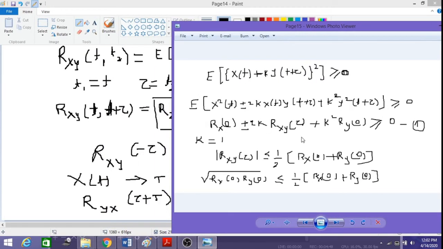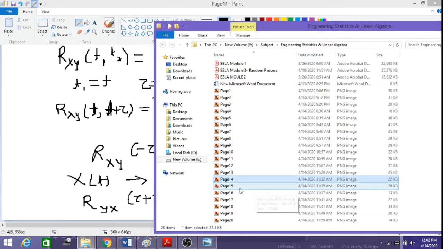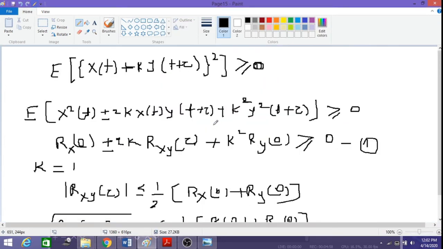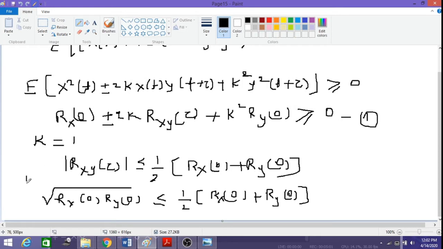Taking k equal to 2 in the same equation and substituting, we get square root of Rx(0) into Ry(0), which is less than or equal to half of Rx(0) plus Ry(0). So these are the bounding conditions.